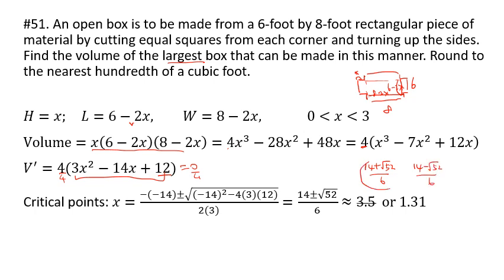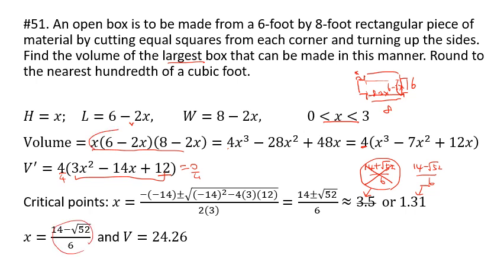If you plug into your calculator, this is 3.5, and this one is 1.31. But x cannot be bigger than 3, so the first is not valid. So x is 14 minus square root of 52 over 6. And this value you plug into the volume formula, then you get 24.26.